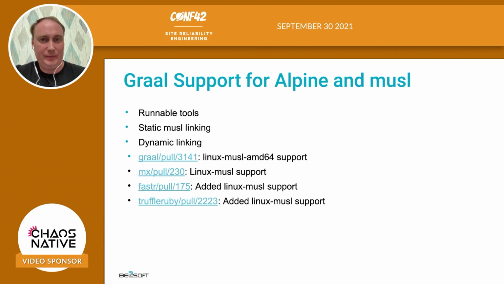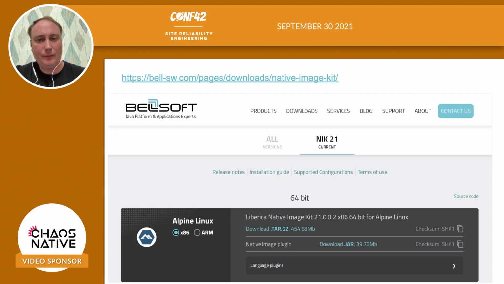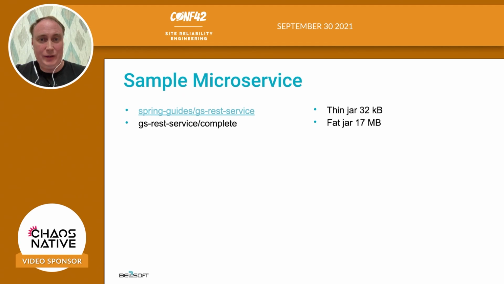There are multiple aspects to it, but in the end, all this has been implemented, and you can download the binaries just like you can download the JDK binaries. And well, how to use that? There are a few good ways.